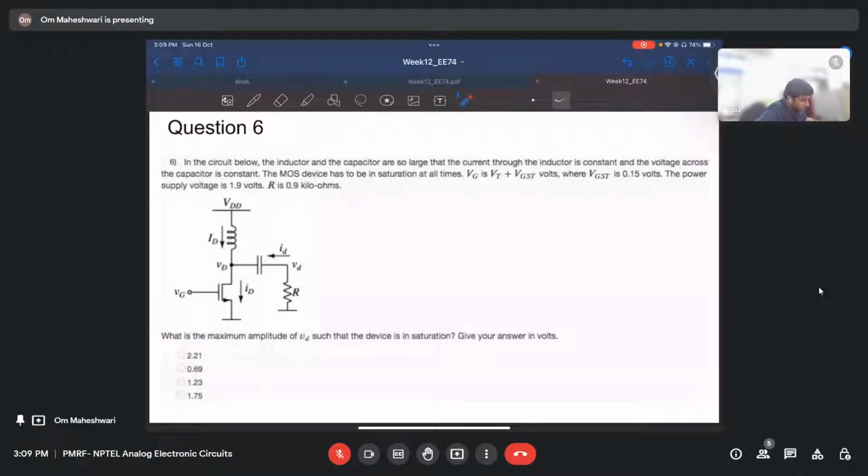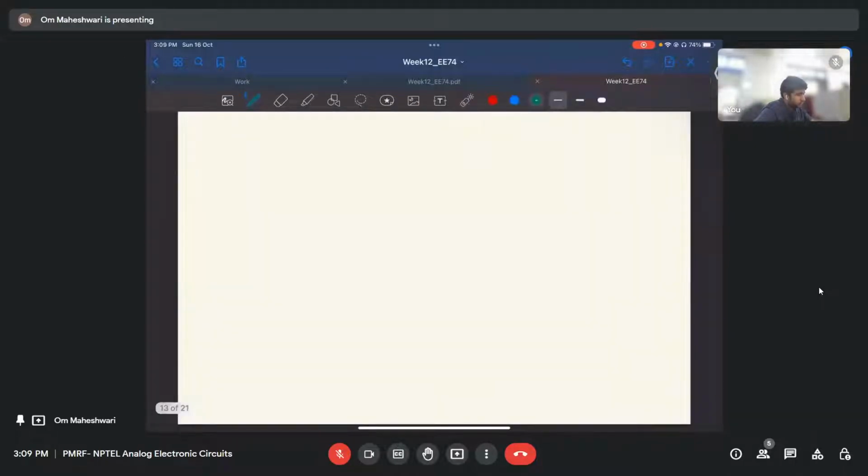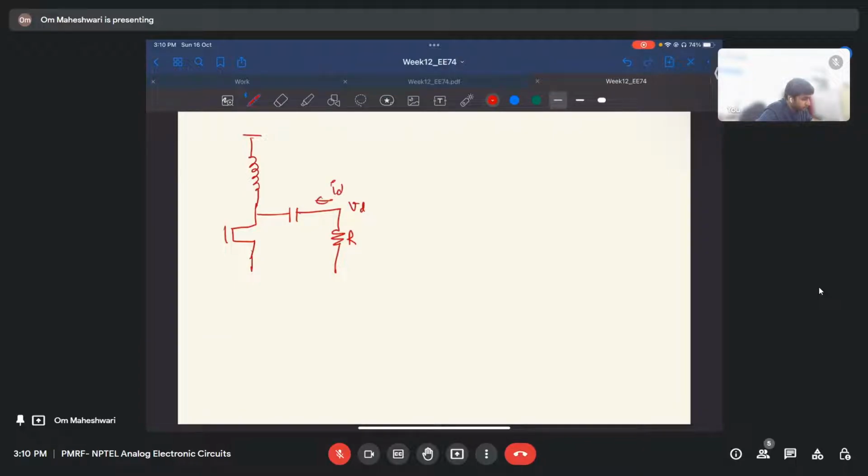The question asks for the maximum amplitude of VD such that the device is in saturation. Let us see this. If we draw the circuit again, here it is VDD.